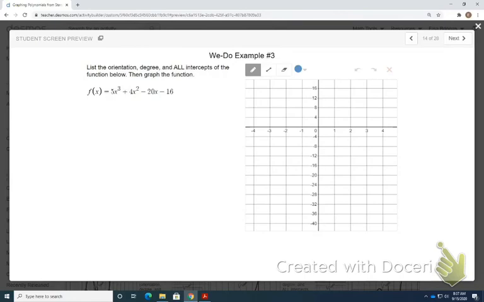Okay, let's do one last example. So we're giving the same information, orientation, degree, all intercepts, and then we're graphing the function. So we know that the orientation is positive because the leading coefficient is positive.